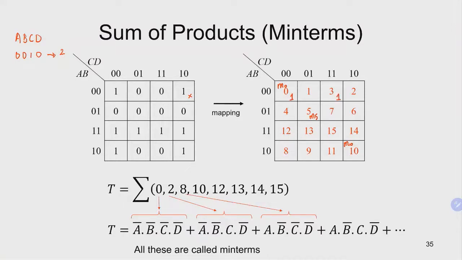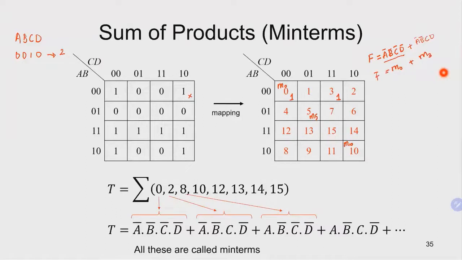So this function f will be A bar B bar C bar D bar, or A bar B bar C D. And we know that this is the minterm m0, and this is the minterm m3.